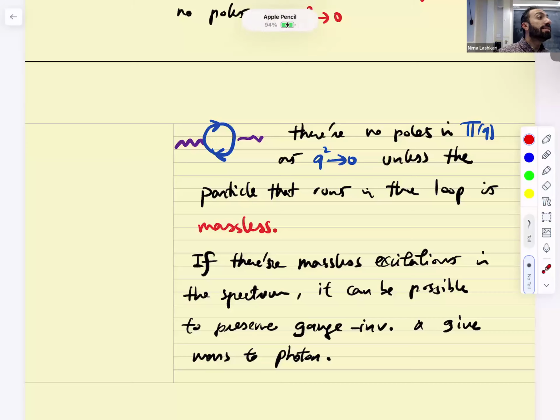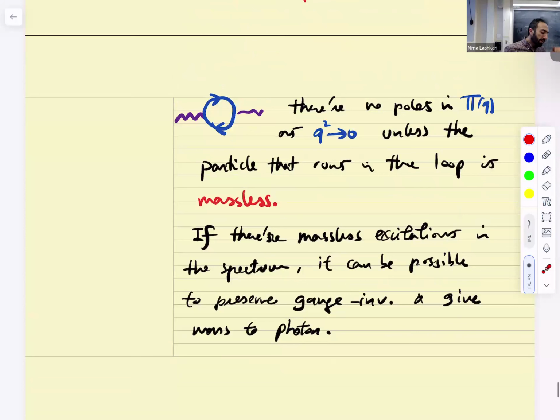All right, yeah. So let me summarize then. I think this is my last slide. So in summary, what did we do today? We started the discussion of spontaneous symmetry breaking in gauge theories. We said that gauge theories gave us interacting massless vector fields, but the term massless was kind of loaded.